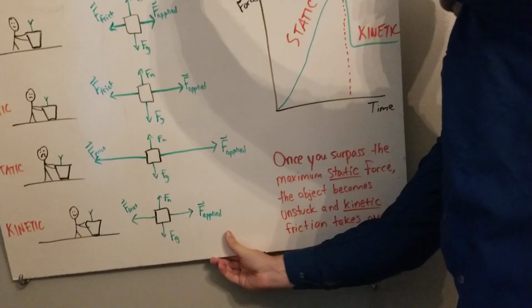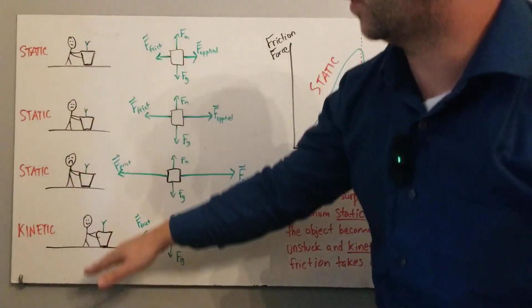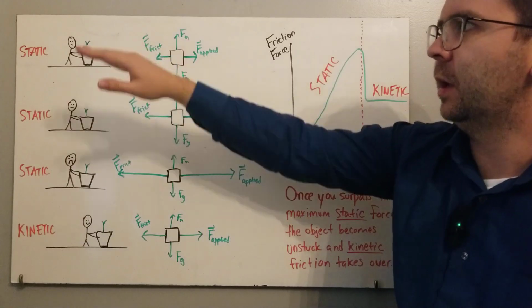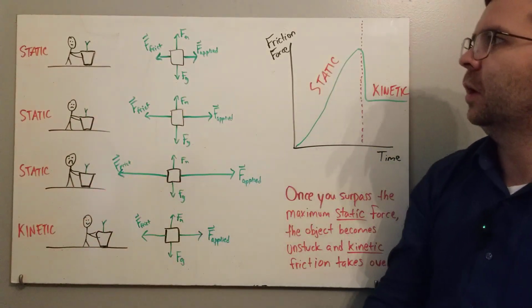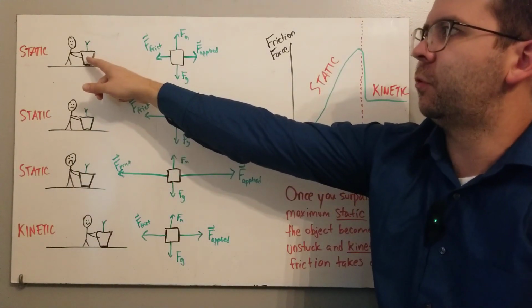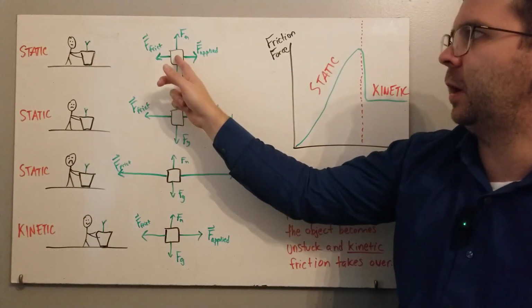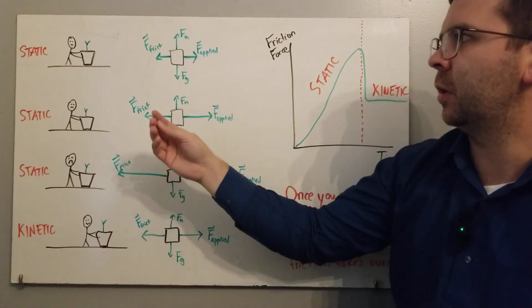So let's look at that a little bit more closely with some free body diagrams, just to make it a little bit more clear. So imagine trying to push a potted plant across the floor. Okay, and this is going to be 4 instances in time. This is the beginning. This is after a few seconds, a few more seconds, and then this is the end here. So at first, when you push against this potted plant, if we represent the forces on this potted plant with a free body diagram, we of course have gravity and normal supporting the plant against the ground.